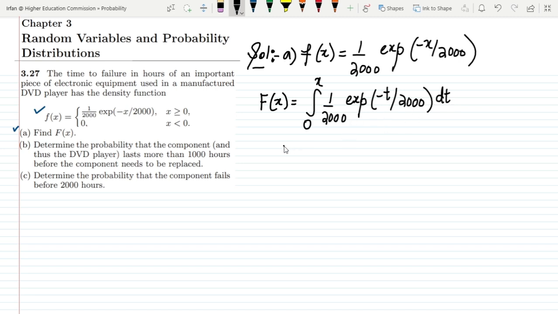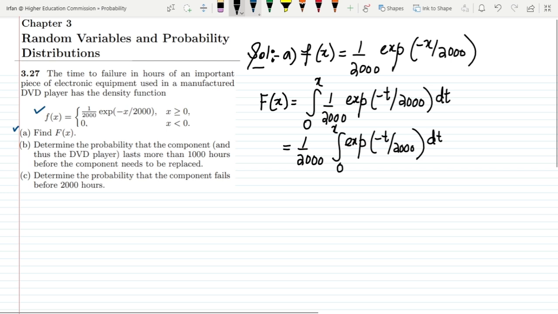Integrating it, 1 over 2000 stays outside the integral, and inside we have the integral from 0 to x of exponential of minus t divided by 2000 dt.